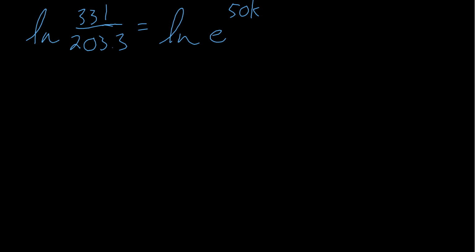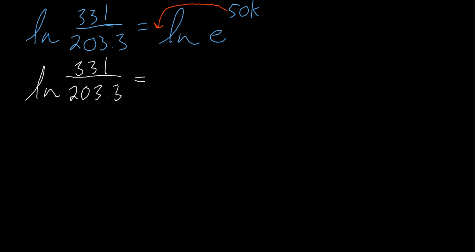We know from the previous sections that we can just put this out front, because it's the exponent, and then the natural log of E is just 1. So what happens here is the left side is natural log of 331 over 203.3, and that is equal to 50K.